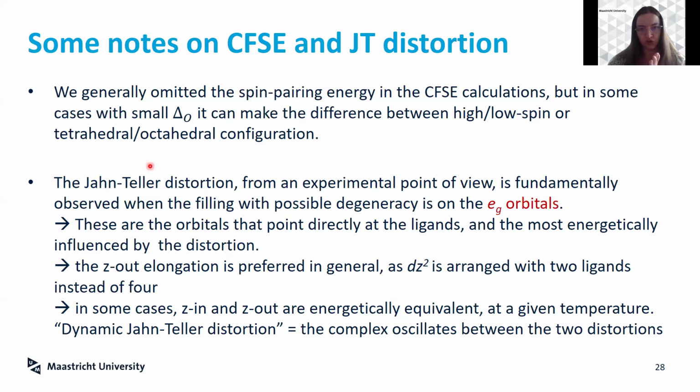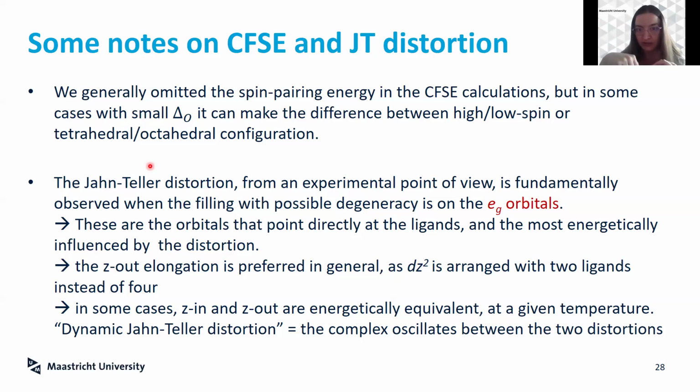For the Jahn-Teller distortion, from an experimental point of view, given how things are aligned in the crystal field of an octahedron, the actual observation of a Jahn-Teller distortion can only be observed if the orbital you're removing the degeneracy at is one of the EG.